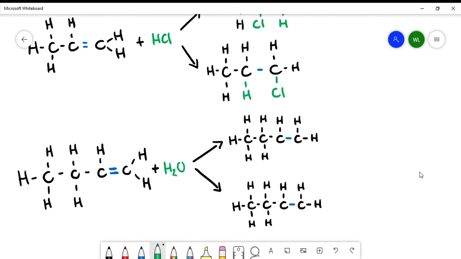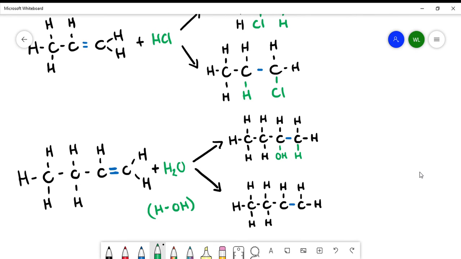In our next example, we start off with 1-butene, or but-1-ene, and we are adding water to it. As we went over in our previous videos, we know to separate water into hydrogen and a hydroxyl group. In our first example, hydrogen will go to the first carbon, and the hydroxyl group will go to the second carbon.